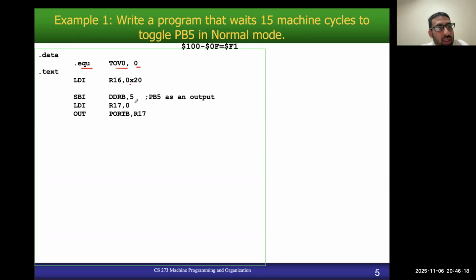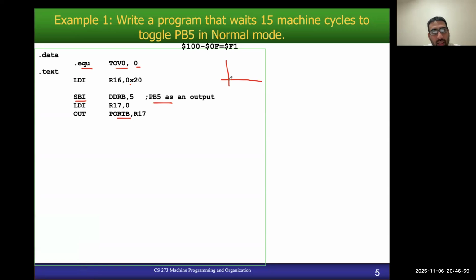So then we first need to configure PB5 as an output. We are actually using the SBI instruction, which will set bit 5 of the DDRB register. So PB5 will then be configured as an output pin. And then we are loading 0 in R17 and writing R17 to port B, which will basically mean that PB5 is set equal to 0.